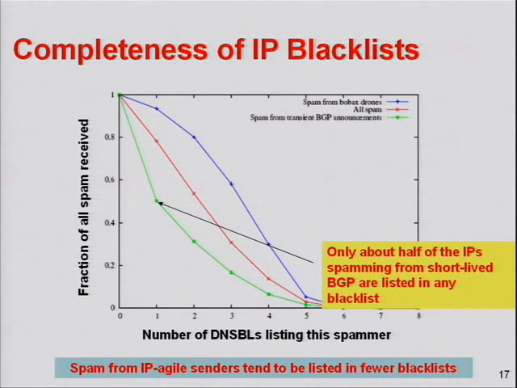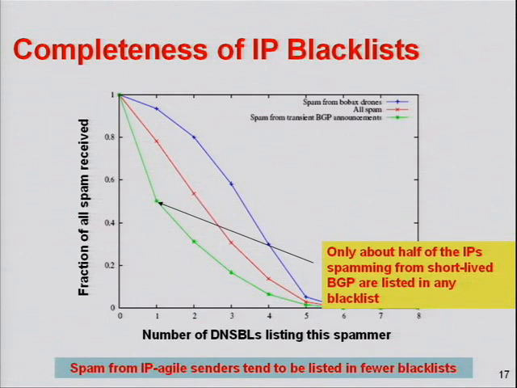If we look at the red line, that's all the spam that we're seeing at the trap. There you can say about 80% of the spam that we received was coming from IP addresses that were listed in 1 or more blacklists.